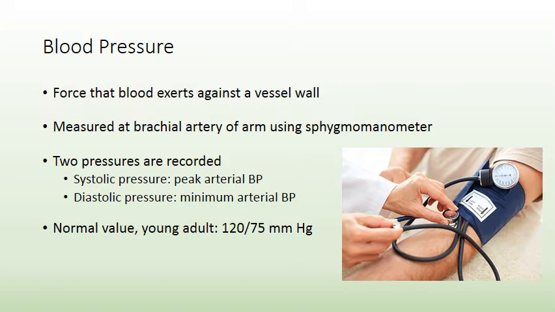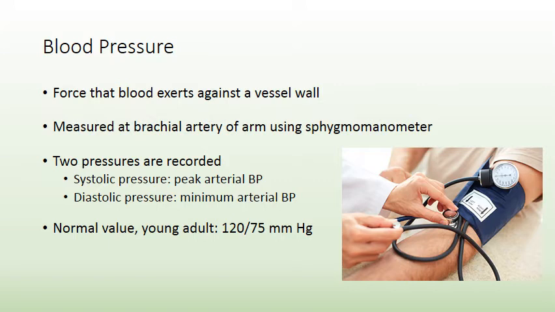Systolic pressure is when the ventricles are actively contracting, actively pushing blood out through the aorta. That adds blood volume to the aorta, so the aorta has to expand, right? Those elastic tissues expand to accommodate this volume of blood, and that results in an elevated pressure within that artery.